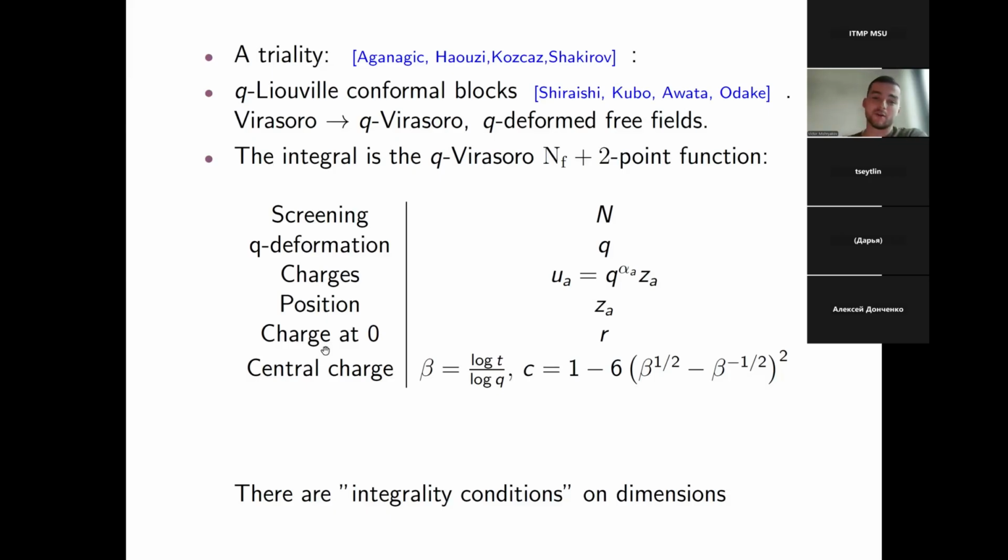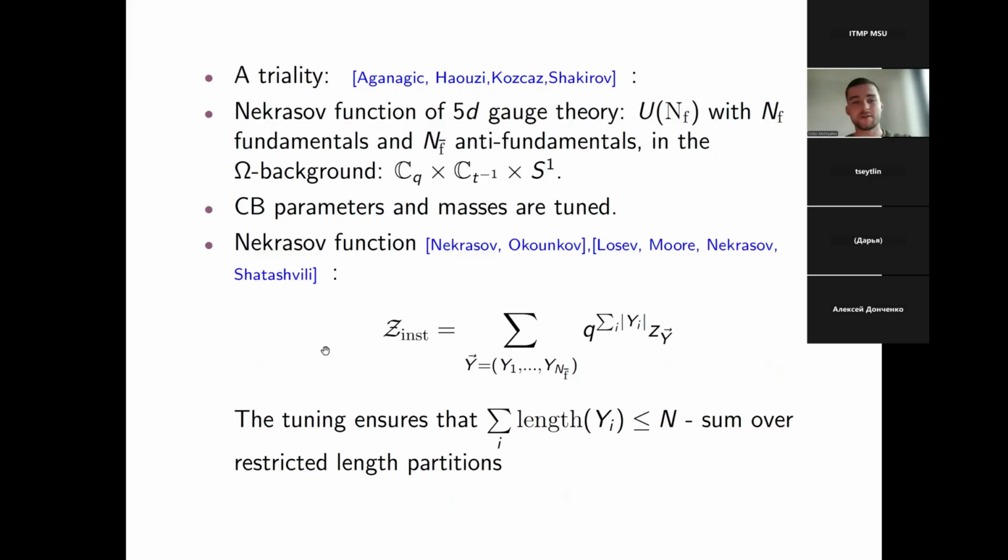And then the last corner of this triality is the 5-dimensional gauge theory, and this is exactly an AGT correspondence between the 5-dimensional gauge theory and the Q-deformed 2-dimensional conformal field theory. So now on this side we'll have a gauge theory with a U(N_F) gauge group in the 5-dimensional omega background.